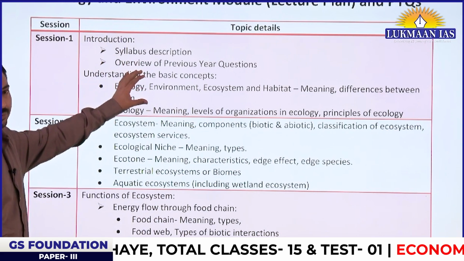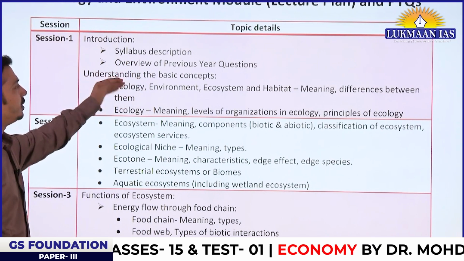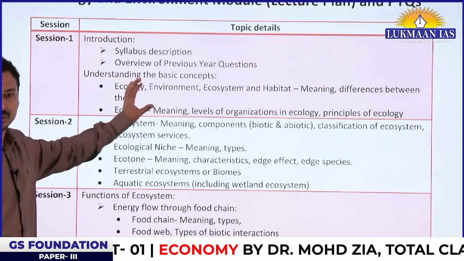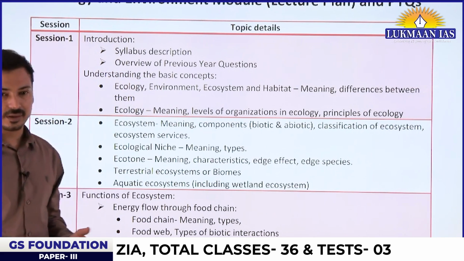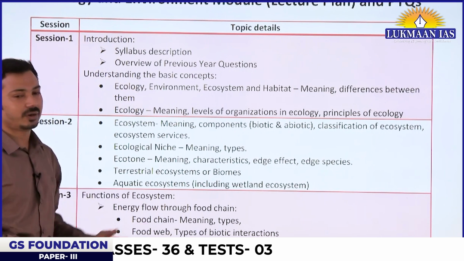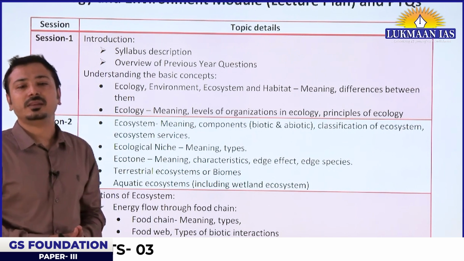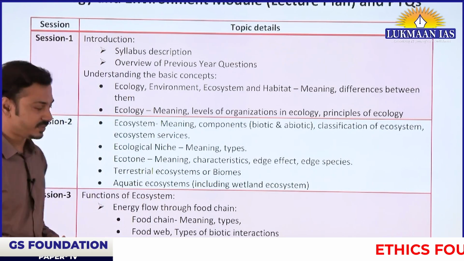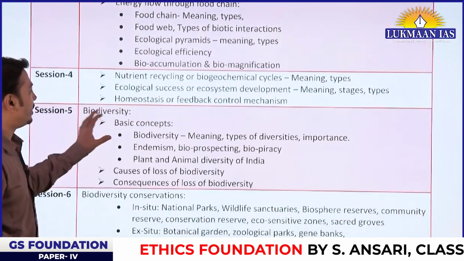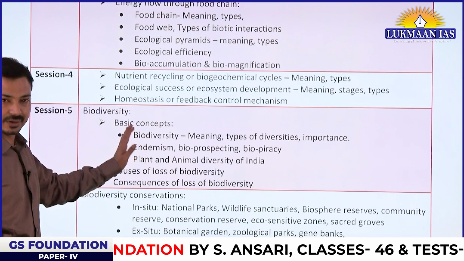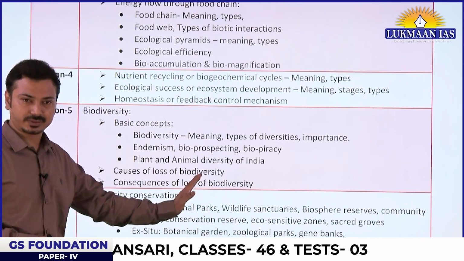In the environment section, we are going to learn about different aspects. I'm briefly giving you an idea. First of all, we'll learn about the basic concepts of ecology, environment and ecosystem. I will explain all these terminologies and try to find out the details of all these concepts. Then we will also learn about biodiversity: what do we mean by biodiversity and the associated concepts?